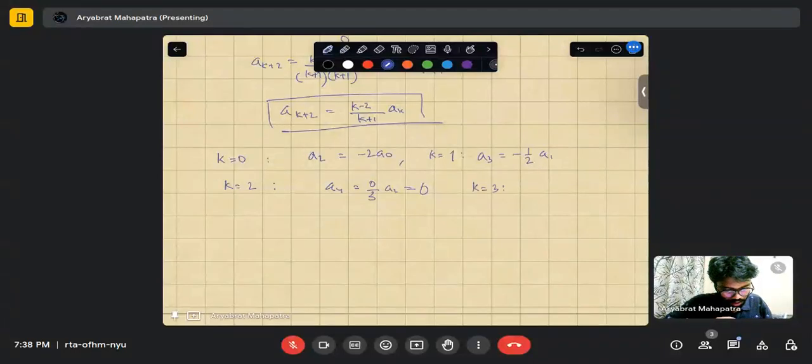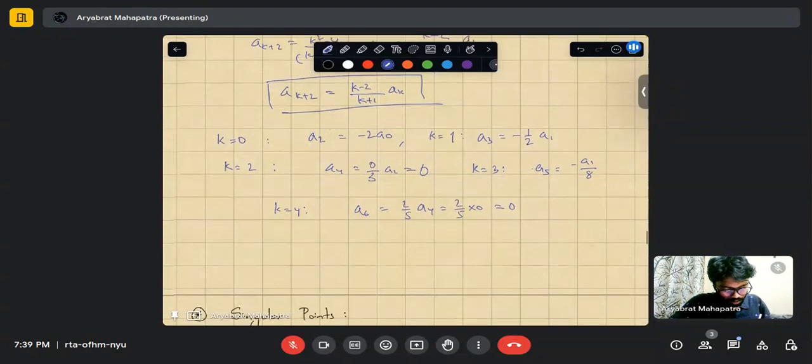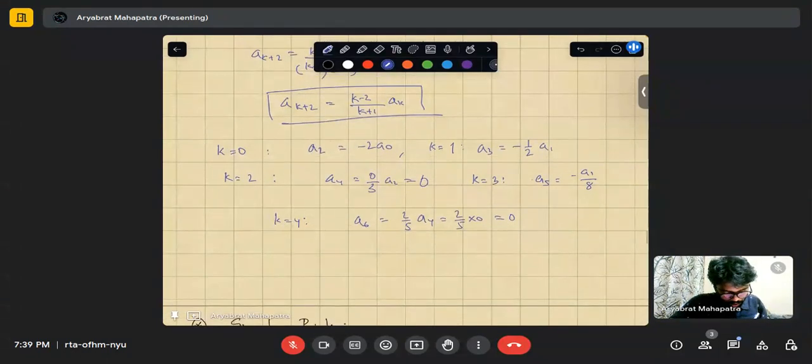For k equals 3, I'm directly writing that it will be minus a1 over 8, and for the next one, 2 by 5 times 0 is 0. Now you substitute all these values of a into the answer that you assumed initially.